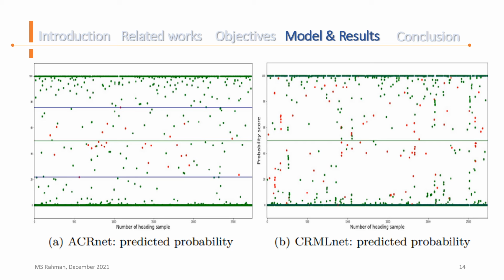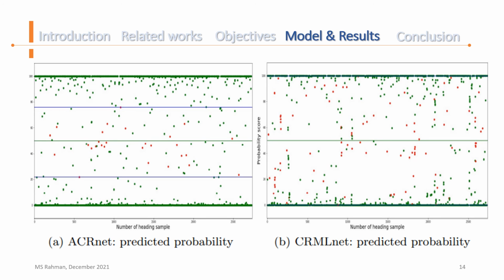Here the x-axis of both A and B presents the total number of heading decisions and the y-axis is the probability between 0% and 100%. All the dots above the green line in the middle are the positive class and those below are the negative class. All red dots are incorrectly classified and are bounded by the blue lines, while green dots are correctly classified. The distance between the blue lines, that is the incorrectly classified boundaries, is shorter for ACRNet than it is for CRMLNet.